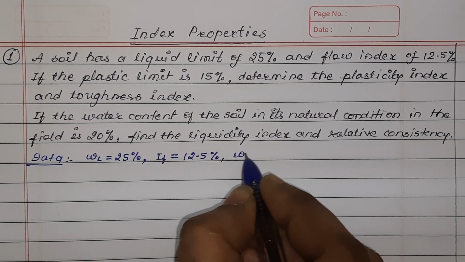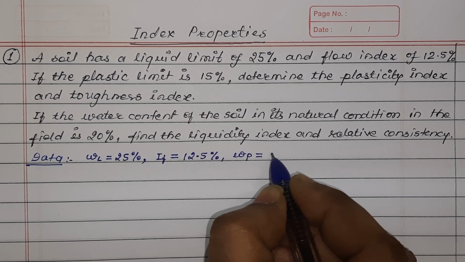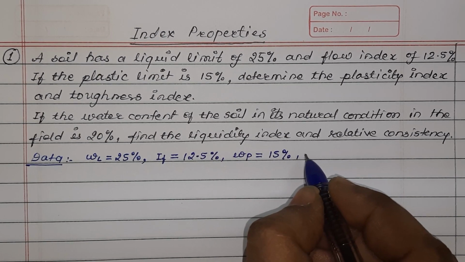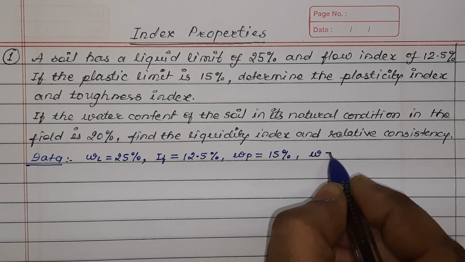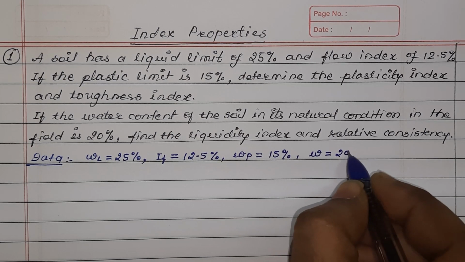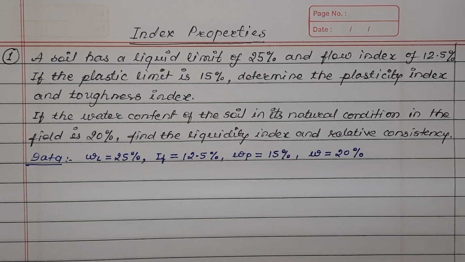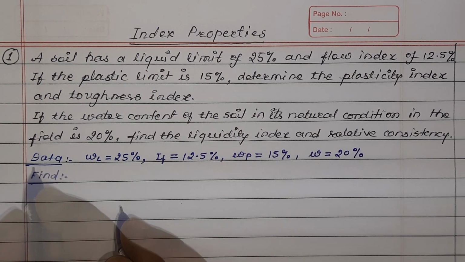Plastic limit WP, which is 15%. Its natural moisture content, that is small w, which is 20%. In this way, the information is given.